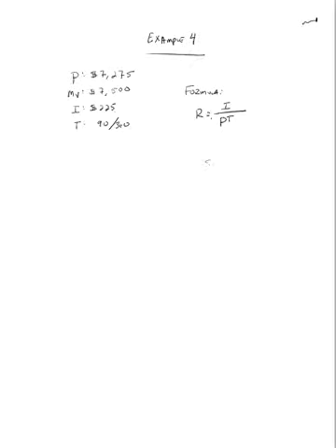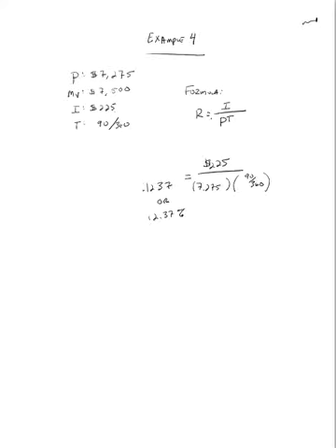So our interest is $225. Our proceeds, $7,275. And our time is 90 over 360. Now when we calculate that out, we'd end up getting an answer of 0.1237, or 12.37%.